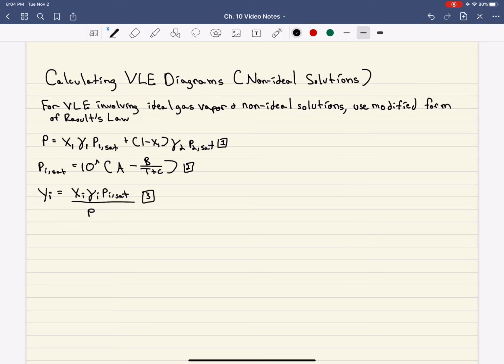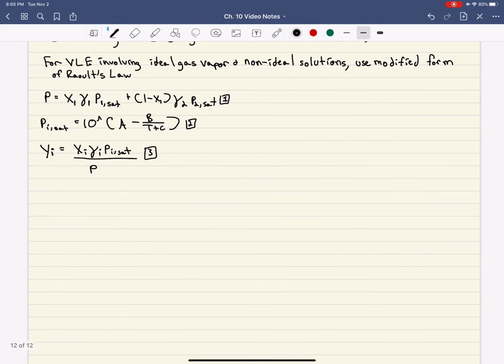And so calculating the Pxy diagram or the Txy diagram would basically follow the same steps, but now there's an additional calculation you need to make, which is that you need to calculate those activity coefficients.